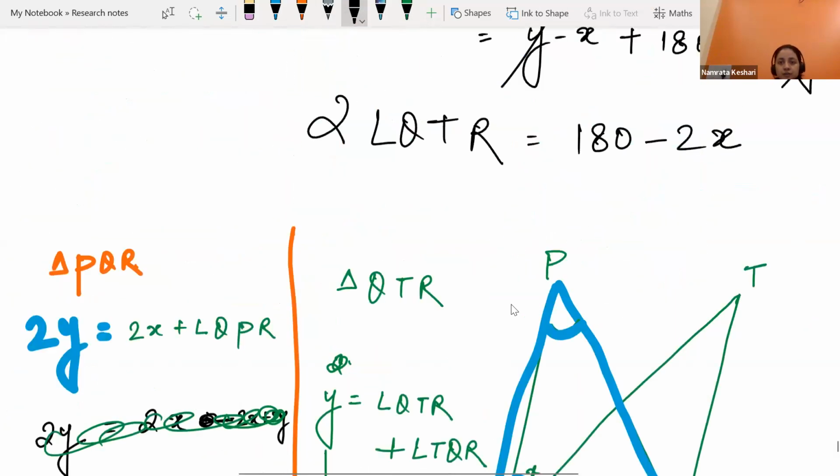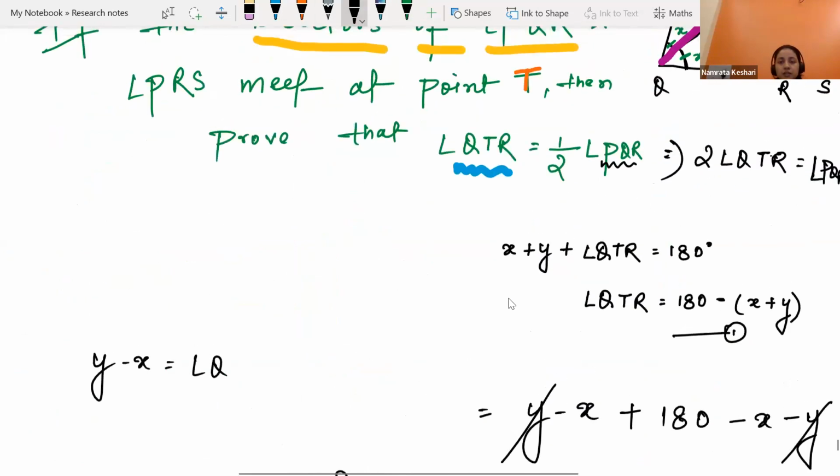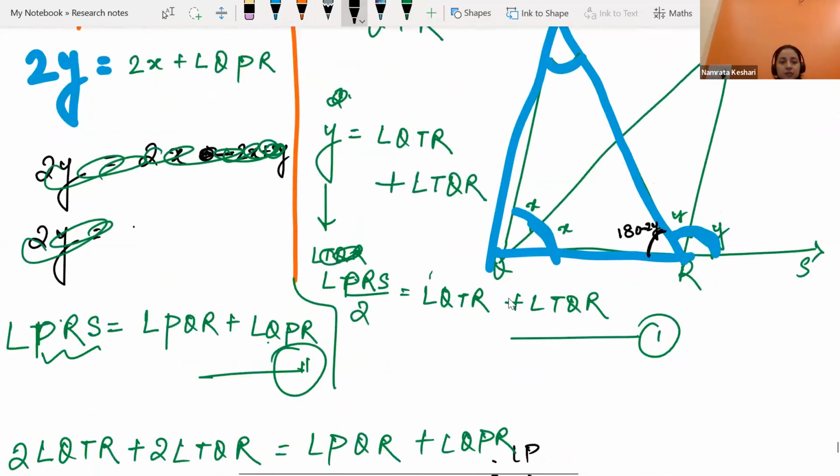We need what? We need QTR and half of PQR.